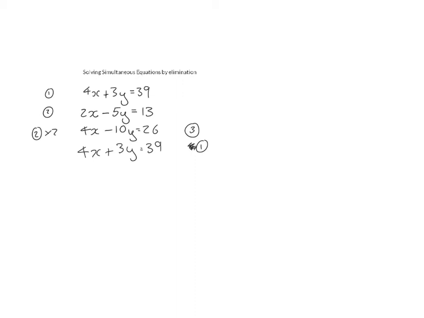Can you see we've got x is the same. Now this is where elimination gets you quicker to that equation with just y's in. We need to do something to both equations that will get rid of the x's. So what can we do between equation 3 and equation 1 that will get rid of the x's?